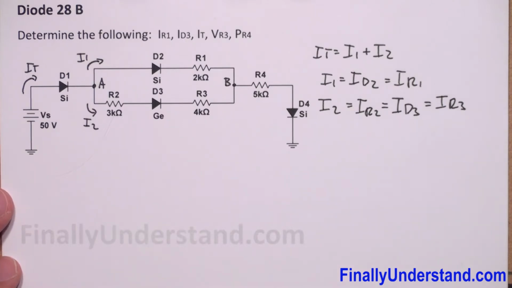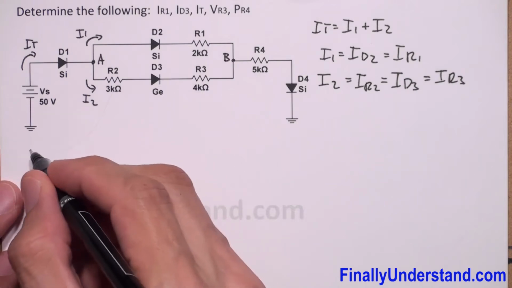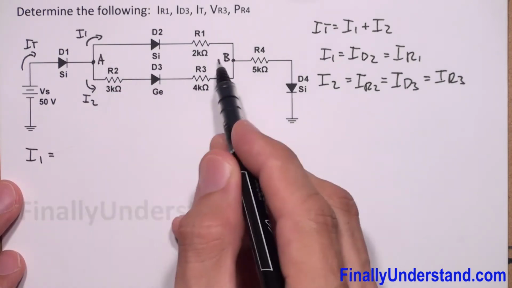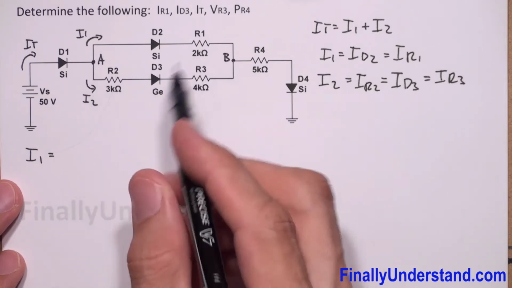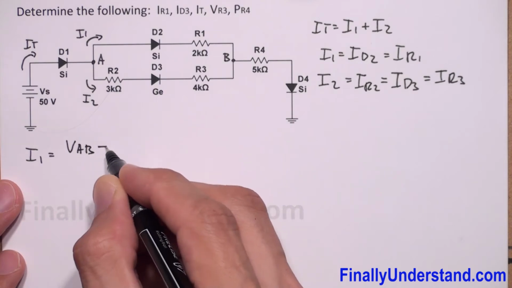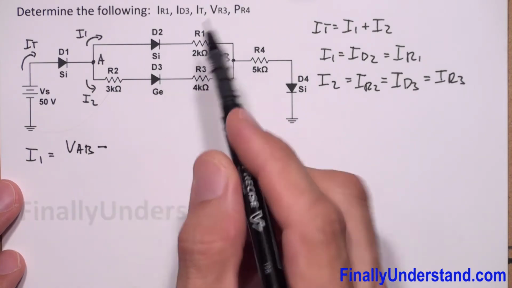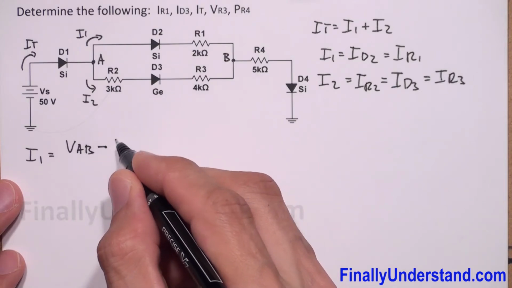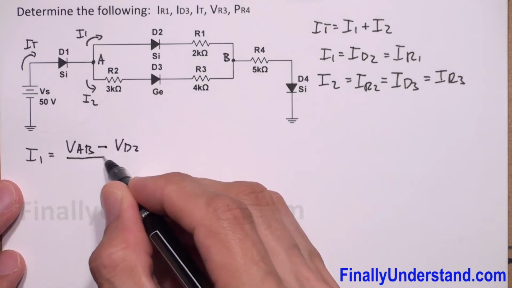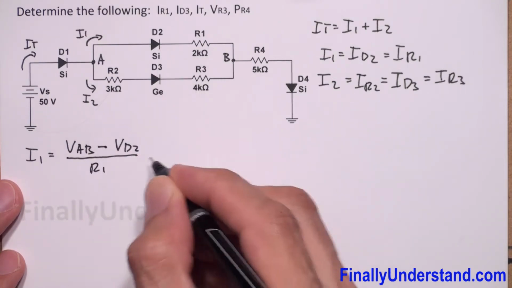So what do I have to do? Simply write the formula. I1 is equal to VAB, the voltage between these two points, minus the voltage drop across the silicon diode D2, VD2, over the resistance in this branch, R1.